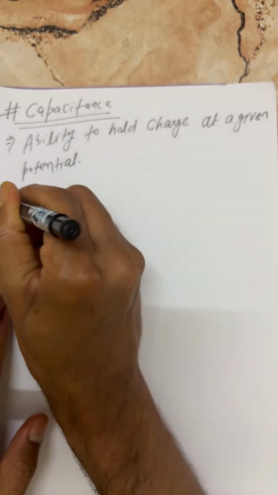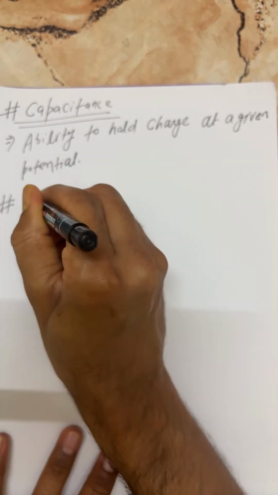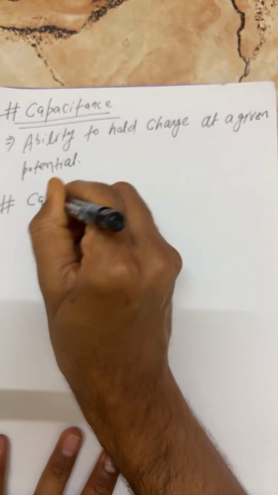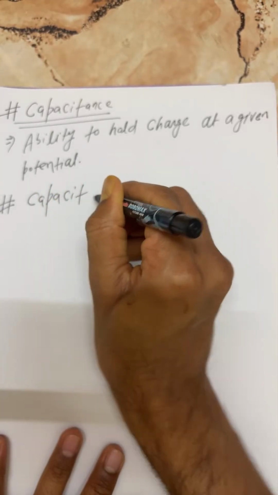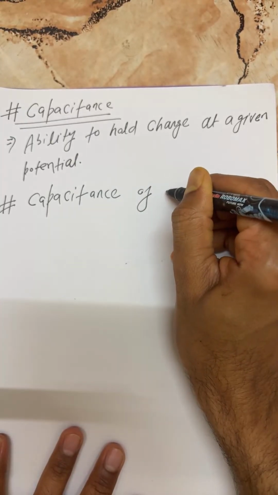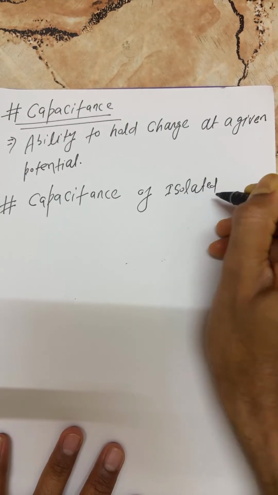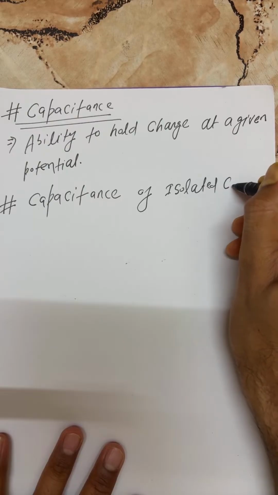So students, for this condition here, we can talk about capacitance of isolated capacitor. What, my dear? Capacitance of isolated capacitor. Students, you can take any type of capacitor, no need to worry. I said capacitance of isolated capacitor.